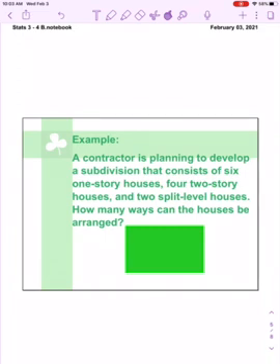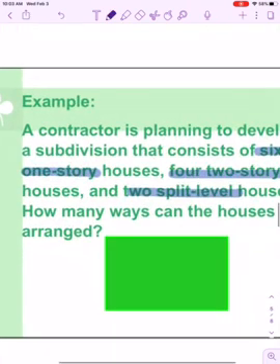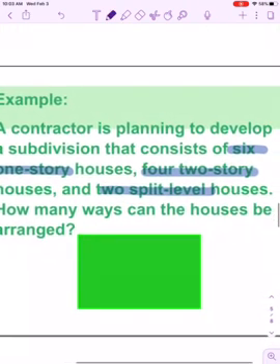So a contractor is planning to develop a subdivision that consists of 6 one-story houses, 4 two-story, and 2 split level. How many ways can these houses be arranged? So you have the different categories. Total, 6 plus 4 plus 2 is 12 total houses.